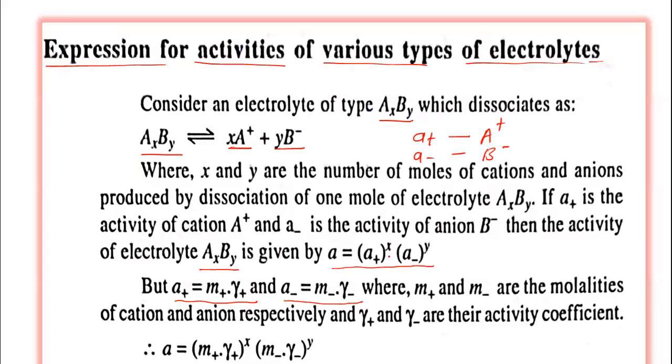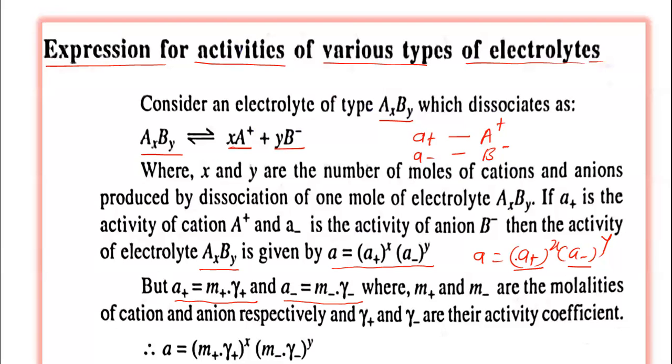Now we know the expression for the activity: A is equal to A plus raised to X into A minus raised to Y. The total activity of the electrolyte is the product of the activity of the cation multiplied by the activity of the anion, because the electrolyte contains cation as well as anion, and the number of cations is X and the number of anions is Y.